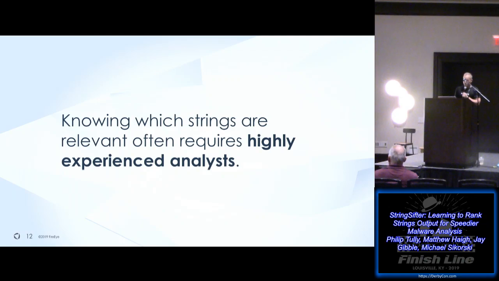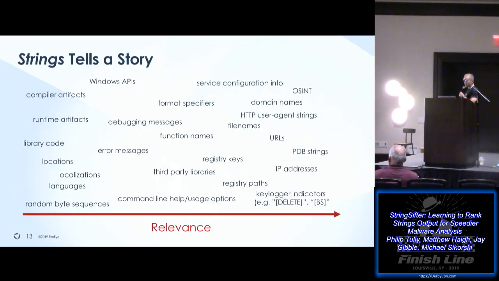So knowing which strings are relevant requires experienced analysts. As an analyst, the idea is to tell a story about the binary using the strings. So we want to order them, like you see here, in order of relevance. On the left, you have things like runtime artifacts and library code that are going to produce a lot of noise that isn't necessarily very useful.